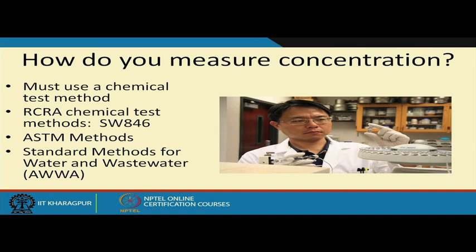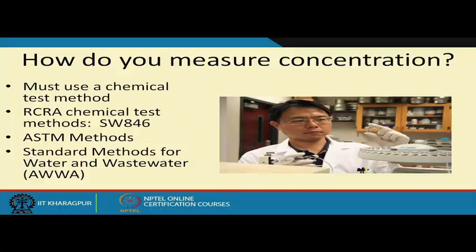There are methods out there which tell you how to do this, how to measure this concentration. For solid waste methodology, RCRA, the Resource Conservation and Recovery Act of the US EPA, started the solid waste characterization in a more elaborate and more consolidated way. They have come up with a list of characterization methods, or chemical test methods, under SW846.